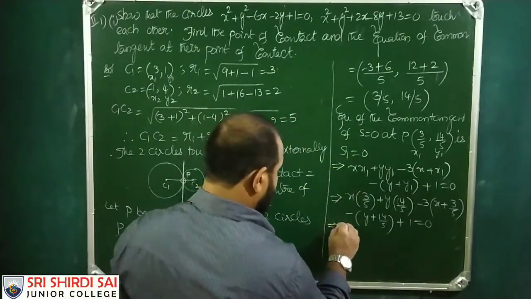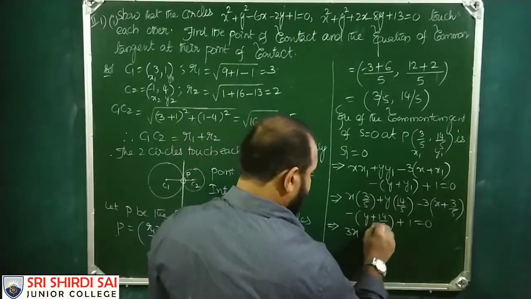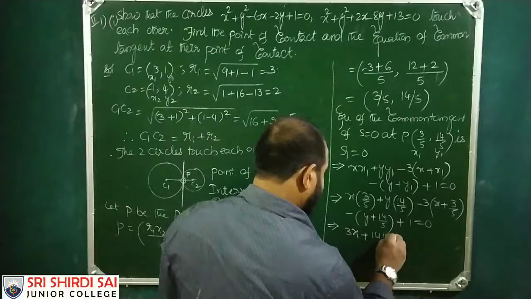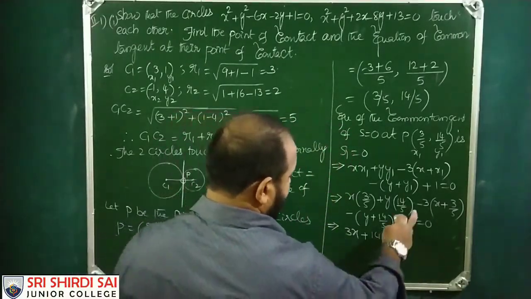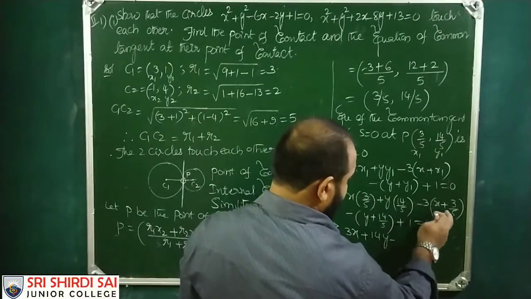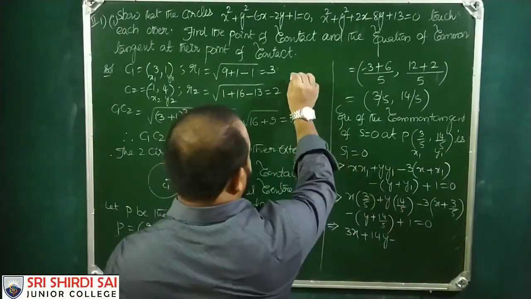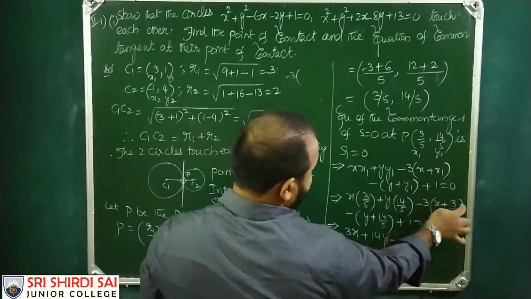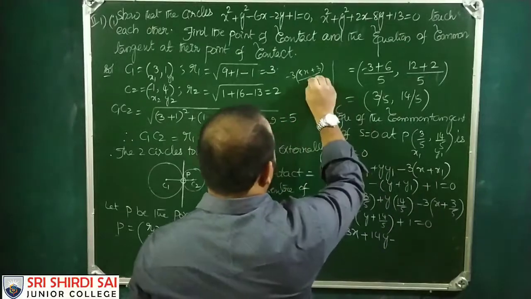This is equal to, LCM is 5, so 3x plus 14y, minus 3 into (5x plus 3) by 5 totally.